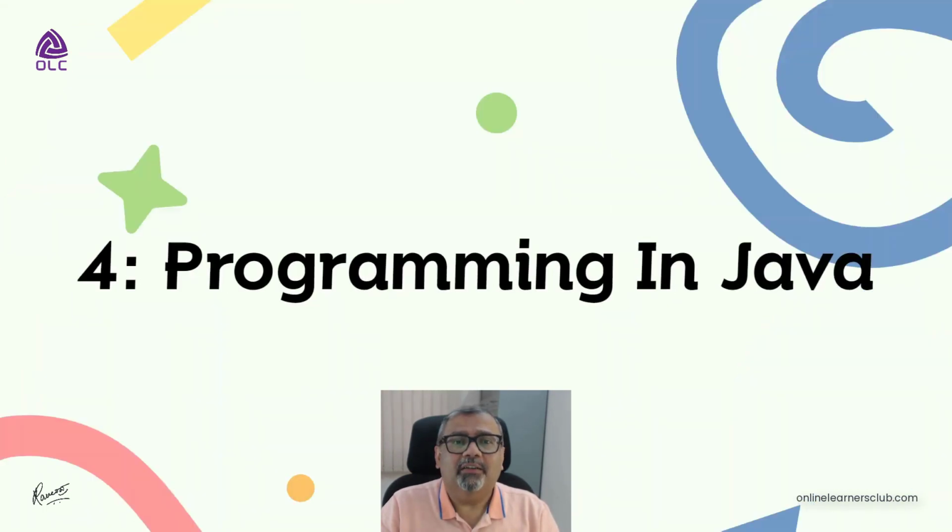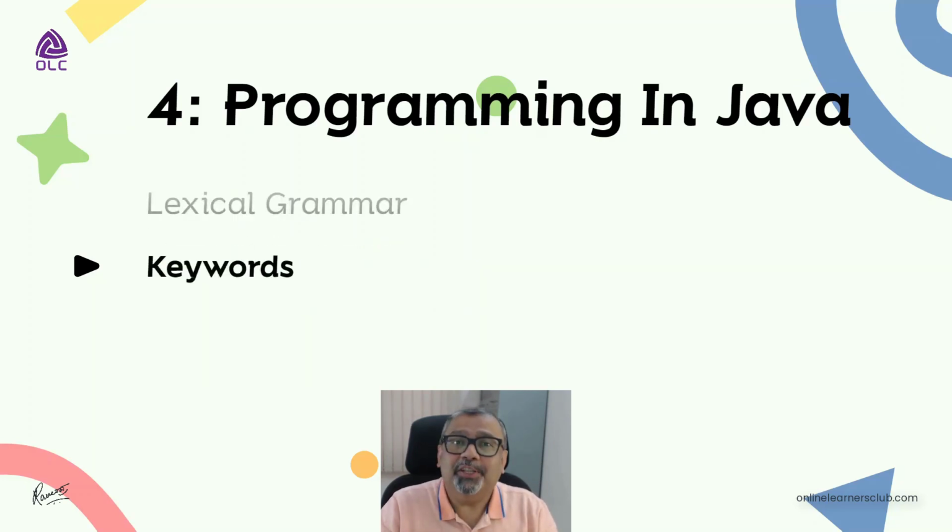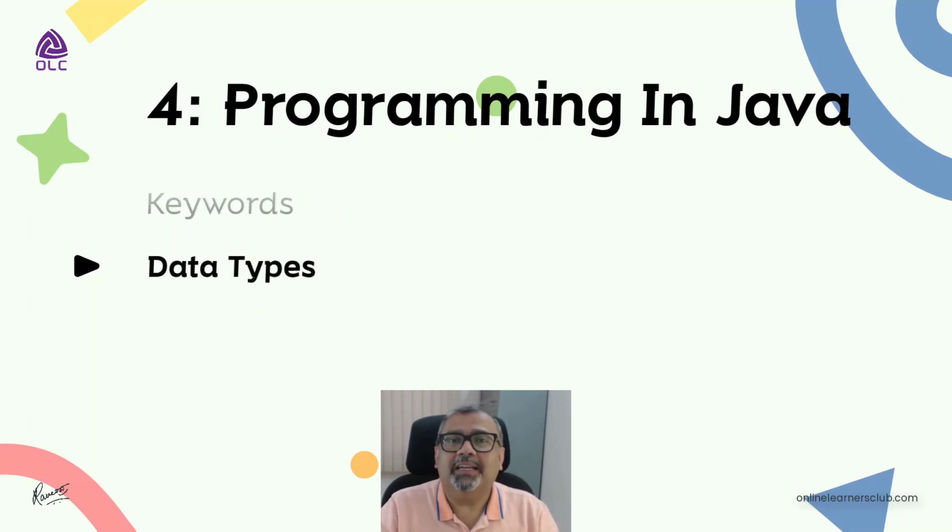In this section, we will get started with Java lexical grammar. For any language, grammar is very important, and we will understand the important aspects we need to use in Java, what keywords we have in Java, and look at the different data types that are supported in Java as well.